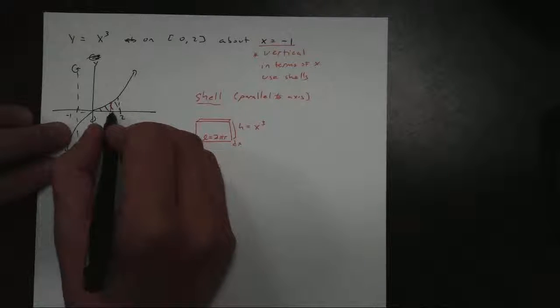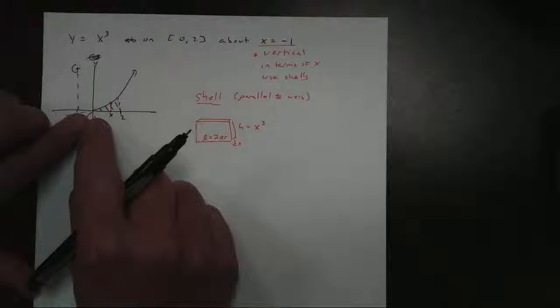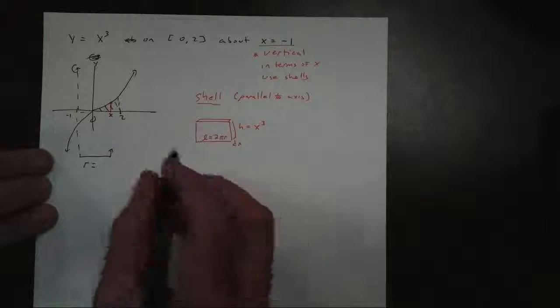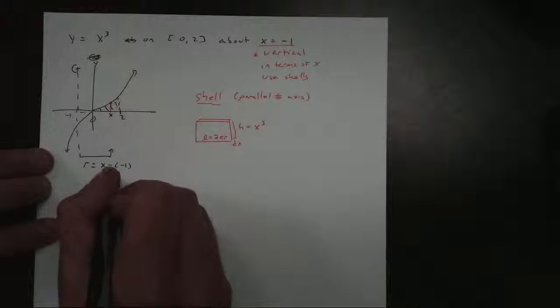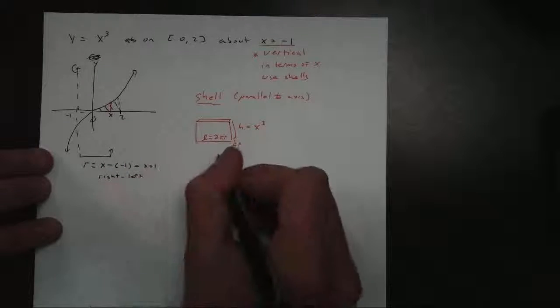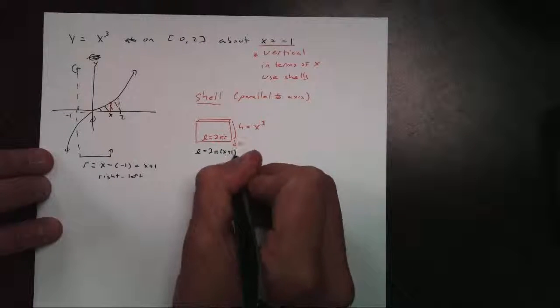It's the distance between them. And that's pretty easy. The distance between x and the origin is just x. Go over one more unit, x plus 1. Or just right minus the left. So we get x plus 1. So my length now is going to be 2 pi times x plus 1.